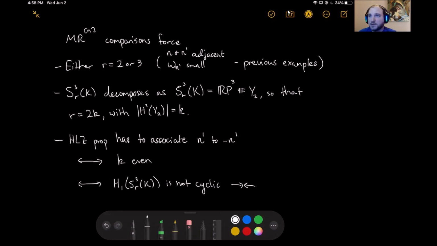But the idea that only 2 spin-C structures have this feature anyway tells you that you have an RP3 summand. And those both can't happen at the same time, because otherwise you would be suggesting that you're having R surgery on something that doesn't have cyclic H_1, which can't happen.